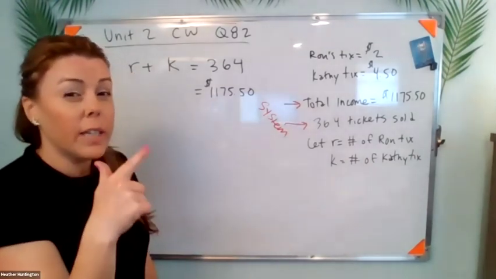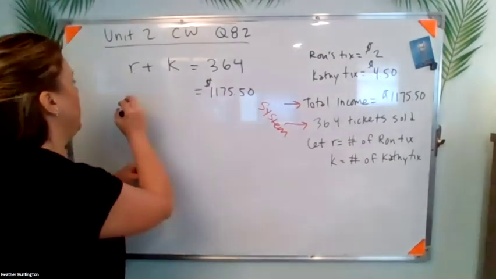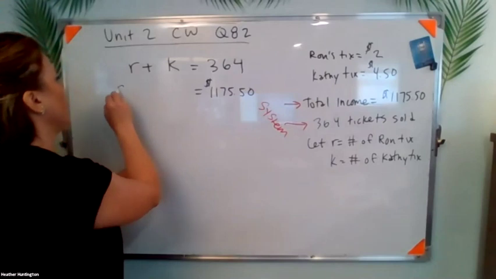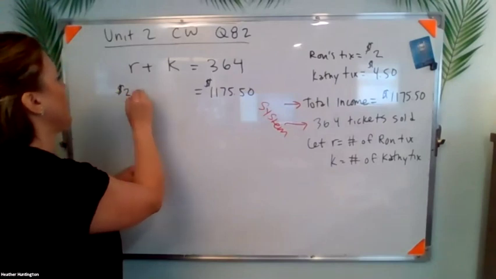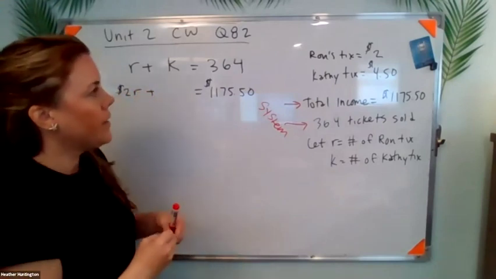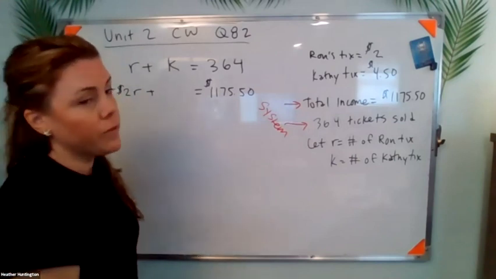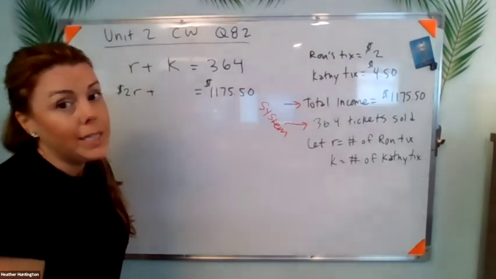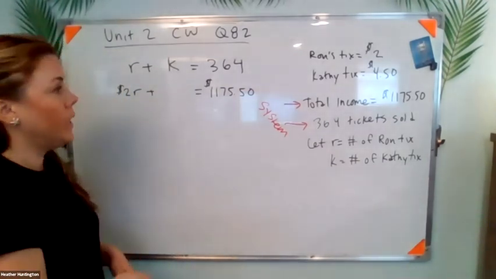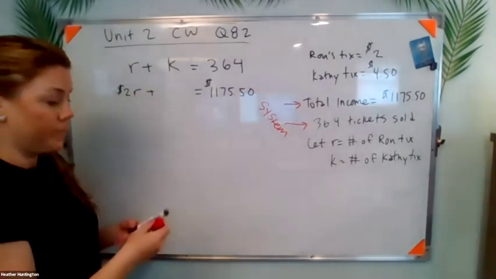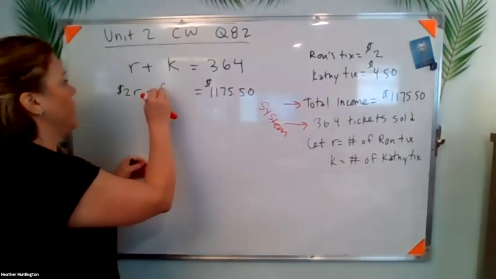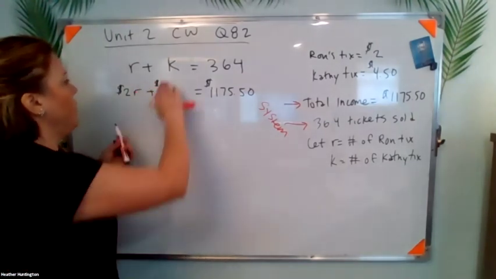So then you think, how did you get that? Oh, multiplication. So it's going to be $2 times R. All right, so if Kathy sold 2 tickets at $4.50, she made $9. And again, a simple case. 4.50K then, yeah, 4.50K.